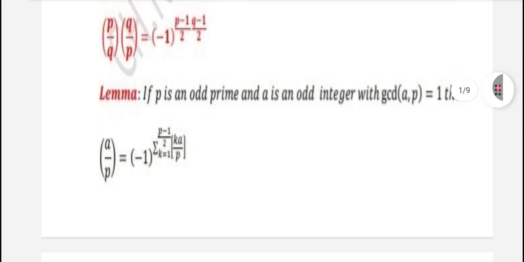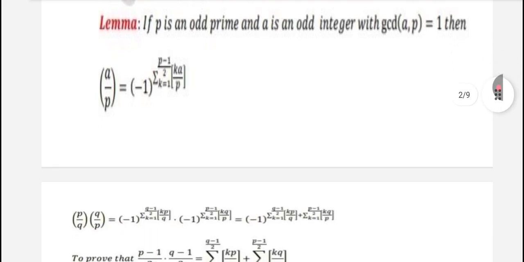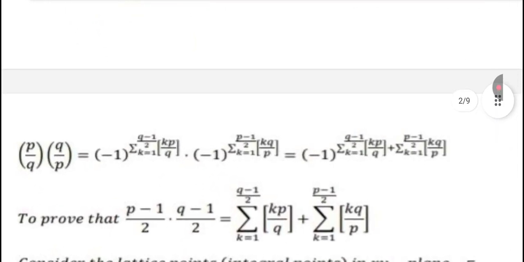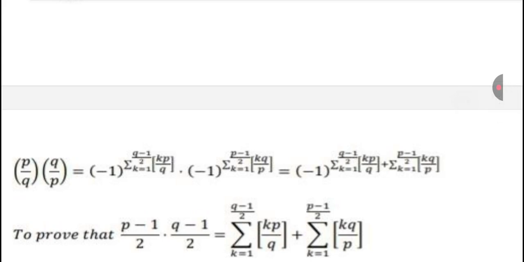So applying this equation to the Legendre symbols p by q and q by p, we have p by q into q by p equal to minus 1 whole to the power of summation integral part of kp by q, k running from 1 to q minus 1 by 2, into minus 1 to the power of summation integral part of kq by p, k running from 1 to p minus 1 by 2.